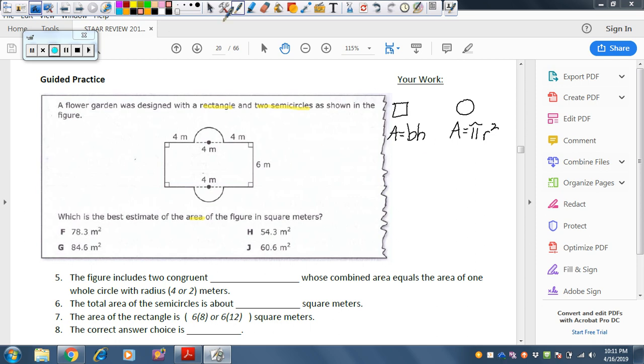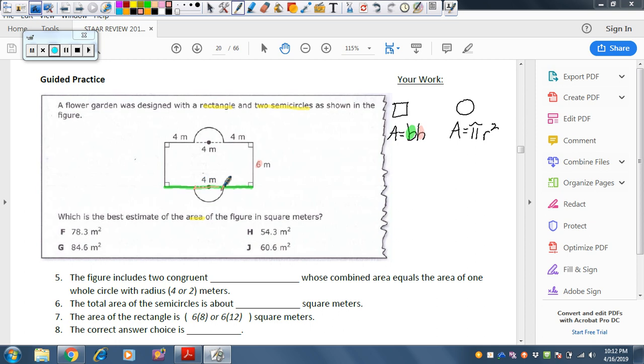The height of your rectangle is right here. The base of your rectangle, though, is this whole line. But this whole line isn't 4. From here to here is 4. What is the whole line altogether?